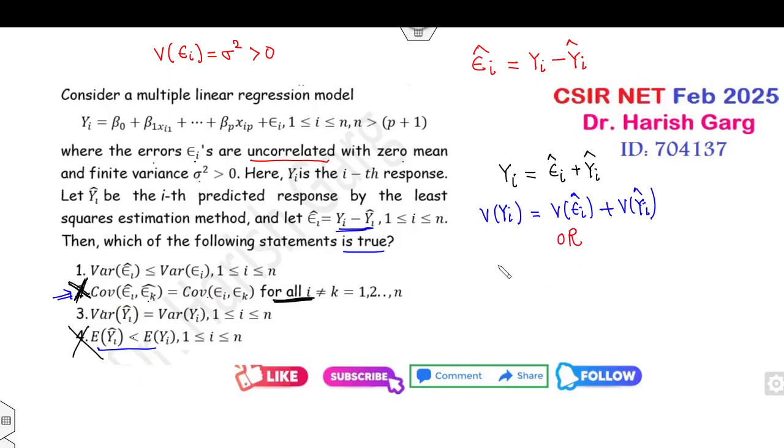You can also write it this way: variance of y, which is equal to the variance of yi cap plus variance of epsilon i. Now you can see that this variance of epsilon i is sigma square, greater than 0.